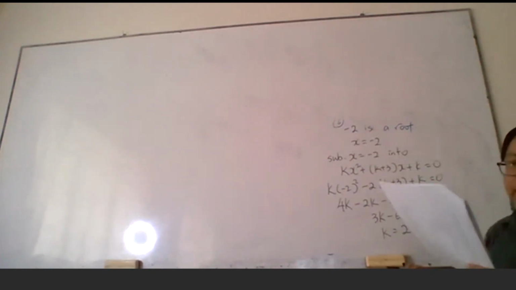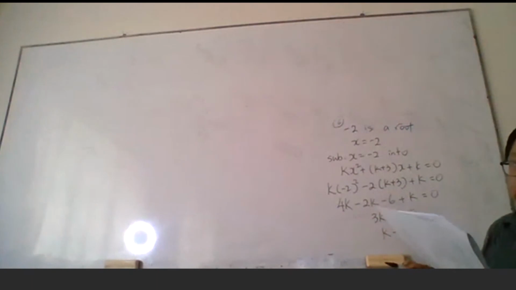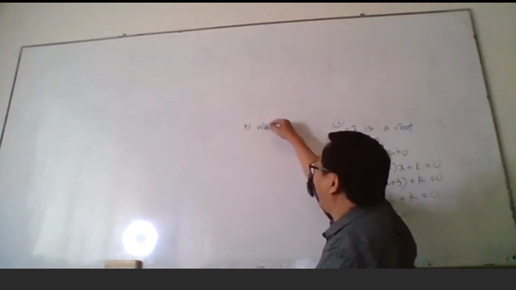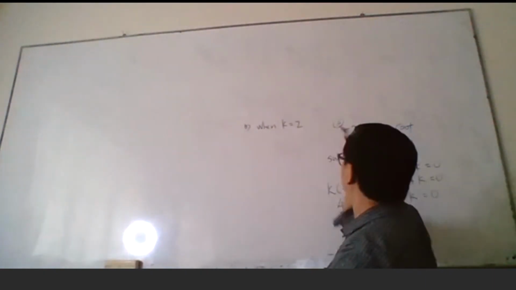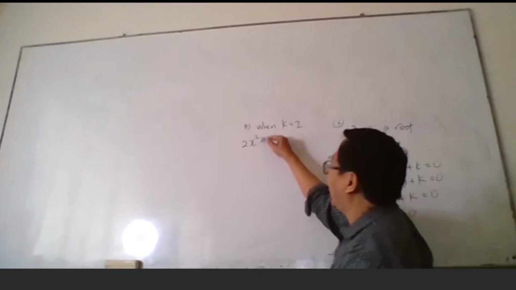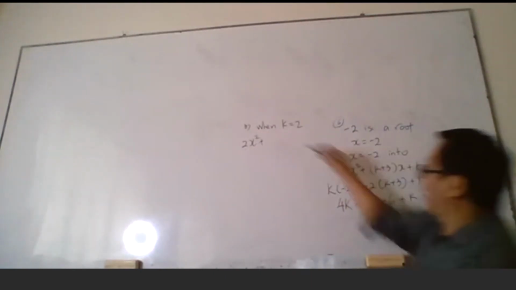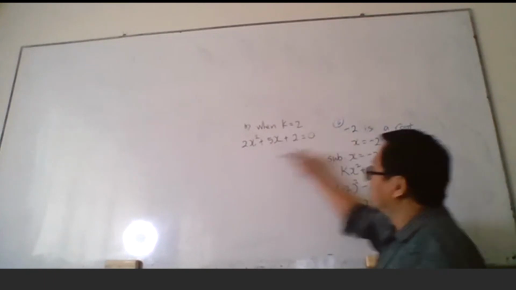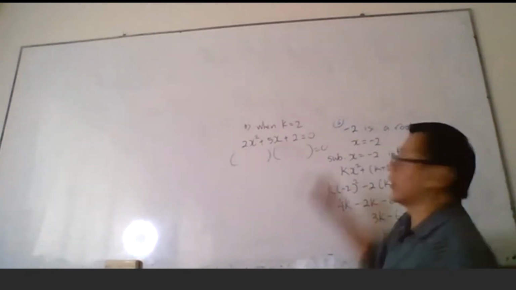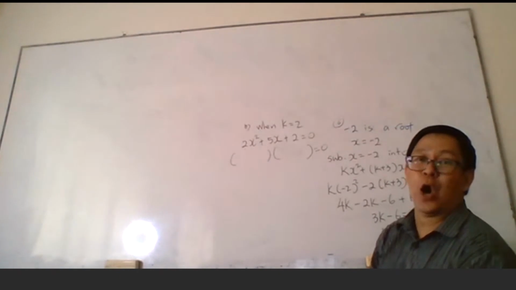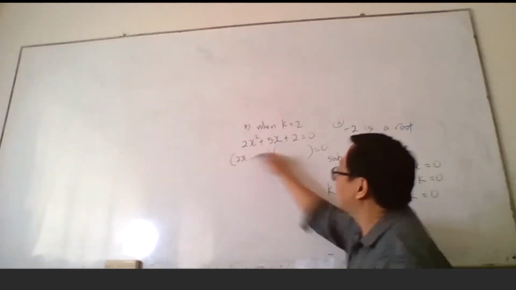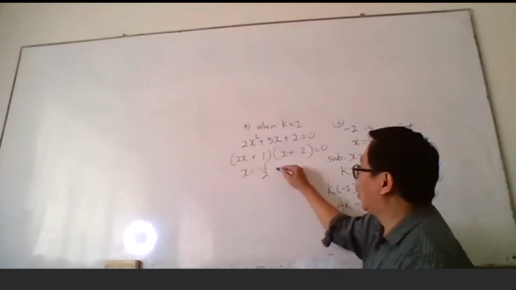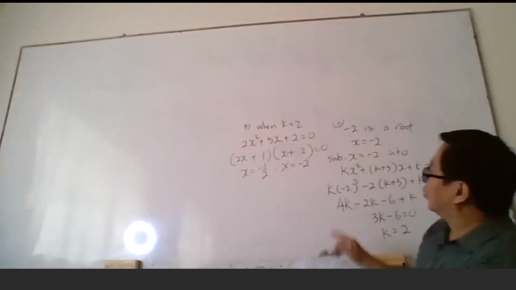The question in part B asks you to find the value of the other root. So when k equals 2, 2x squared, 2 plus 3 becomes 5x, and at the back, k is 2. I need to factorize because the question asks me to find the value of the other root. So my x is negative 1 over 2, and x is negative 2.